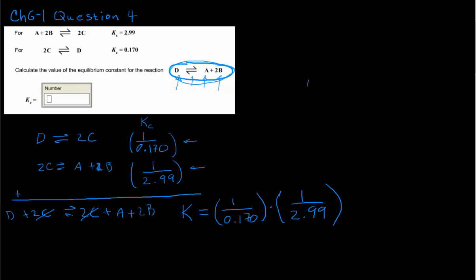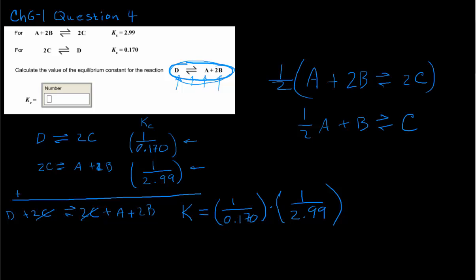And I didn't have to do it in this case, but if I were to multiply a reaction through by some number to change the way that I balance it, let's say I multiply through by 1/2, I would end up with 1/2 A plus B in equilibrium with 1 mole of C. And so what would the equilibrium constant be here?